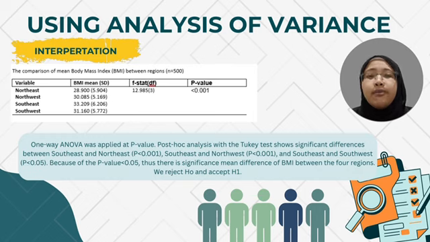Because the p-value is less than 0.05, there is a significant mean difference of BMI between the 4 regions, so we reject the H0 and accept the H1.